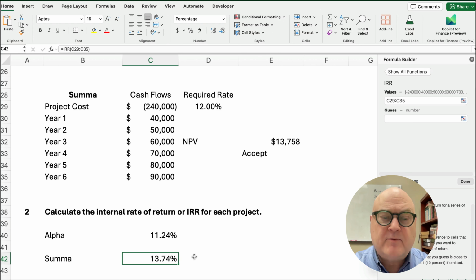At 10%, we would accept both of them because both of those internal rates of return exceed the 10% if you require 10%. At 15% required rate, we would reject both, okay? So this is how net present value and internal rate of return are connected.